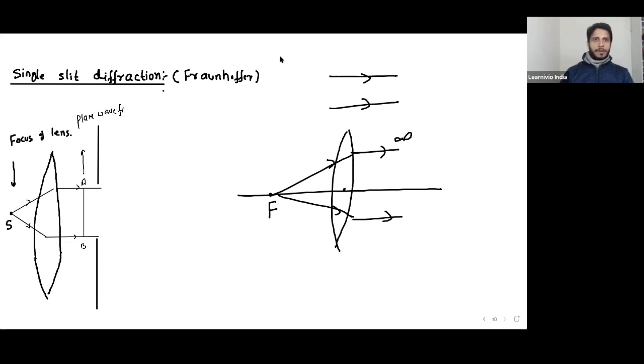When these waves pass through this single slit, and I'm taking the size of the slit equal to the wavelength, these waves will get bent into different directions.